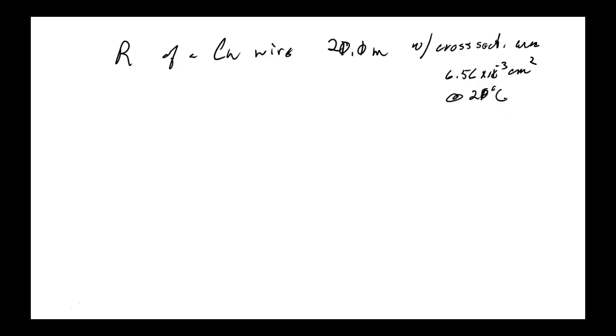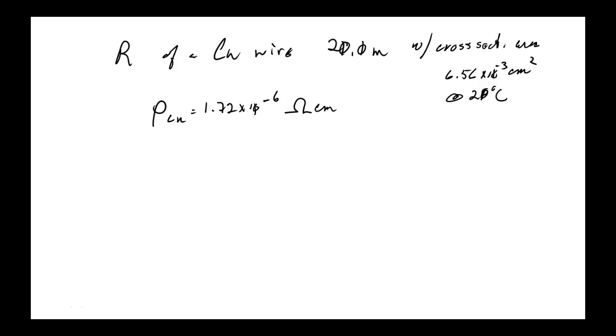Now the reason that's in there, that's what they measure the resistivity of copper at. So the rho for copper is, they give it here, 1.72 times 10 to the minus 6 ohm centimeters.